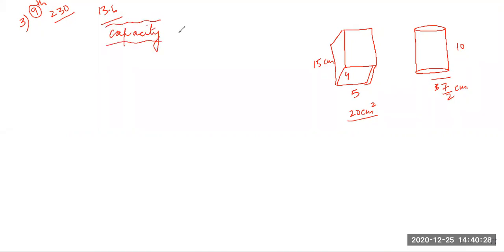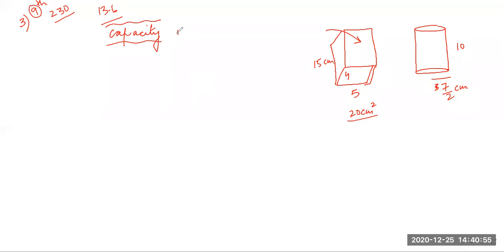Capacity means how much water or any substance the thing can hold. You are very right. Meaning, how much cold drink will come inside me? Simple. Capacity means how much cold drink it will have. So which cold drink will be more? Suppose they are available for the same price.